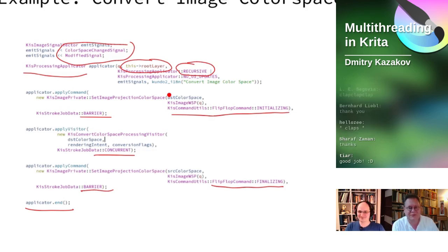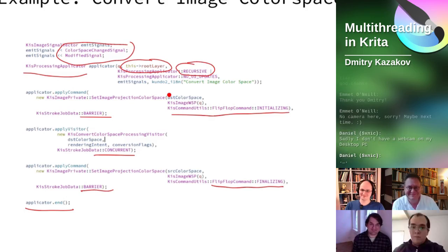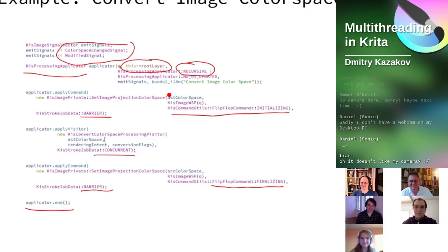So let's try and make a group photo. If you want to be in the group photo, enable your camera. There's a button somewhere. Hi, Bernard. Hi, Amy Spark. Hi, Agatha.